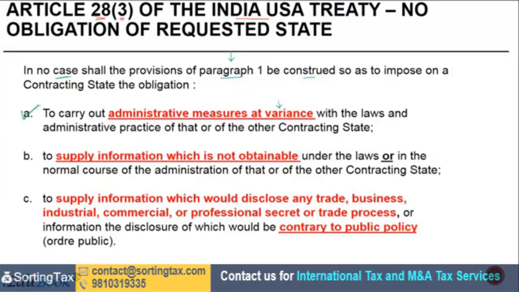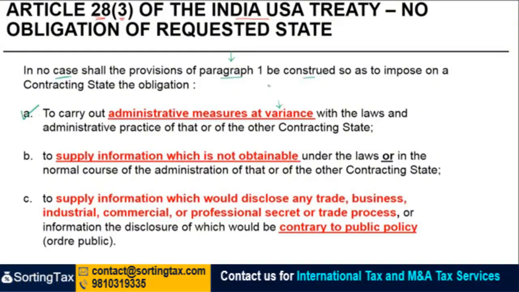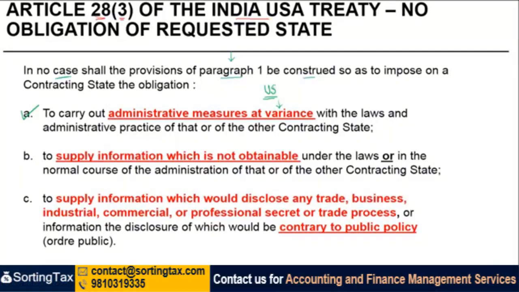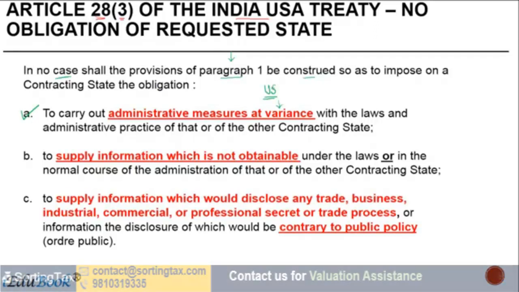Now, if under the laws of, let's say for example, the US, they cannot enforce or seek information which is being requested by the other contracting state, which is India, or if under the Indian laws, India itself cannot seek such information from the taxpayer, then the US government is also not under an obligation to take up any administrative measures which fall under either of these two categories.